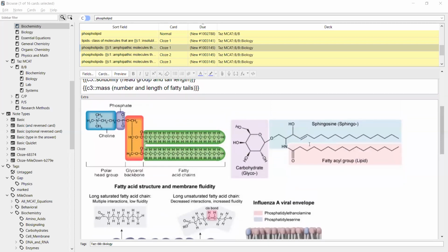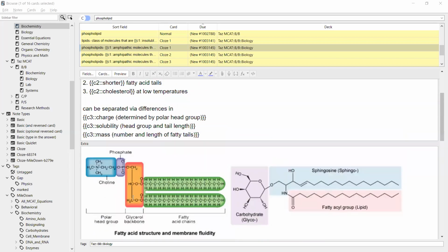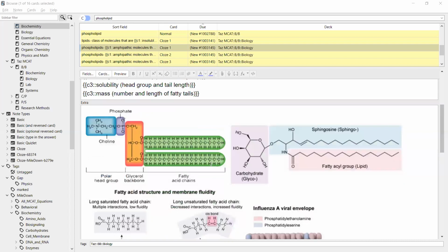And one big difference that could definitely come up: notice how the phospholipid has two fatty acid chains, because the glycerol backbone has three spots, three areas where things could connect. One fatty acid, another fatty acid, and then one to the polar head group. Look at the sphingosine backbone.